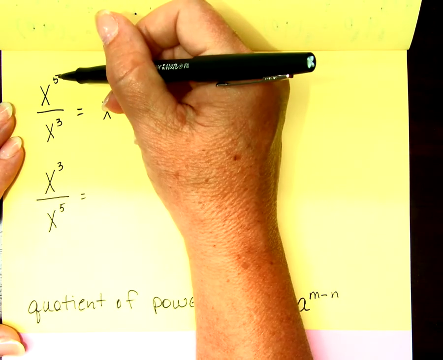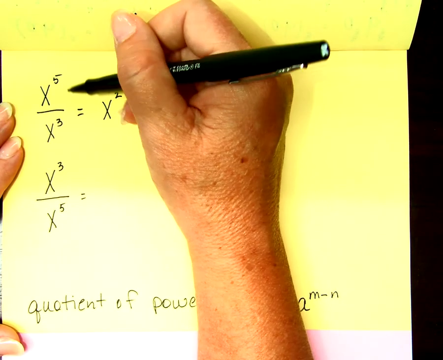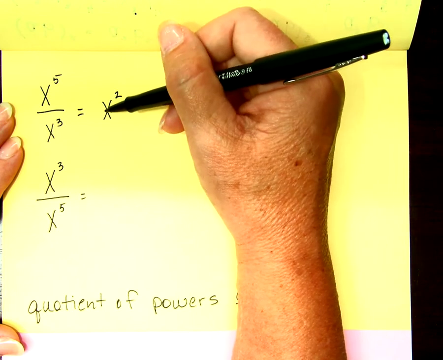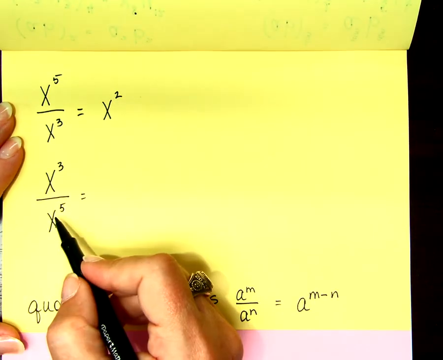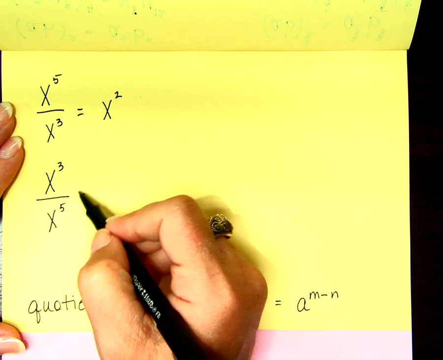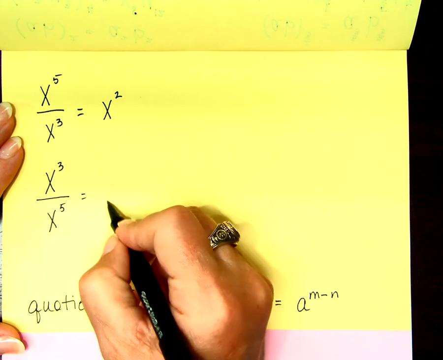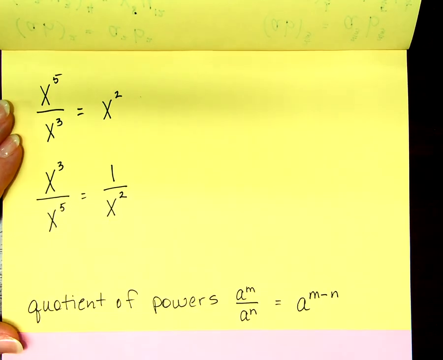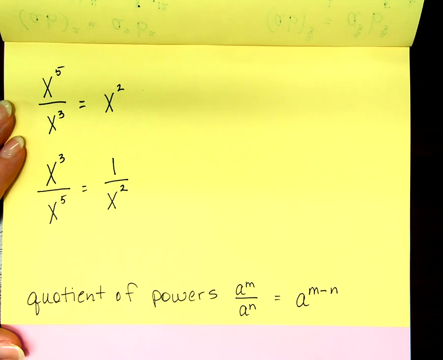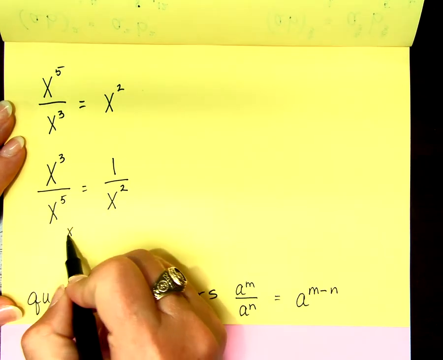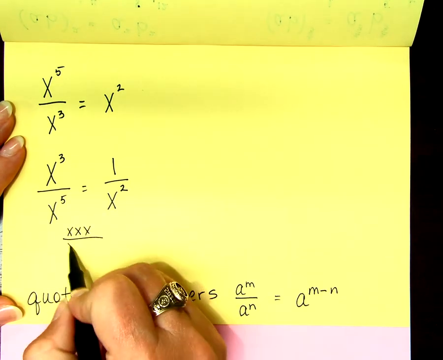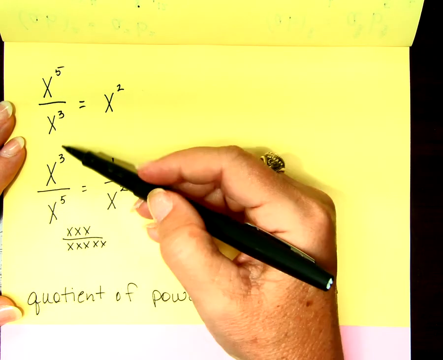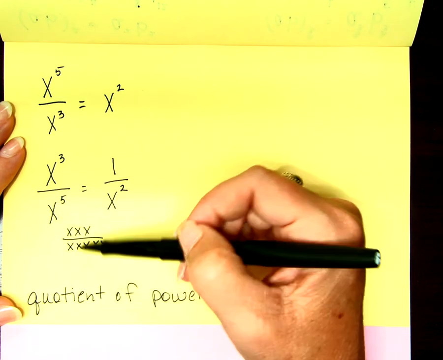So here, I started in the numerator, and I said 5 minus 3, and where's my answer left? In the numerator, isn't it? What if I started in the denominator here? 5 minus 3? What if I left my answer in the denominator? Now, visual people, isn't this the same thing as x to the third over x to the fifth?